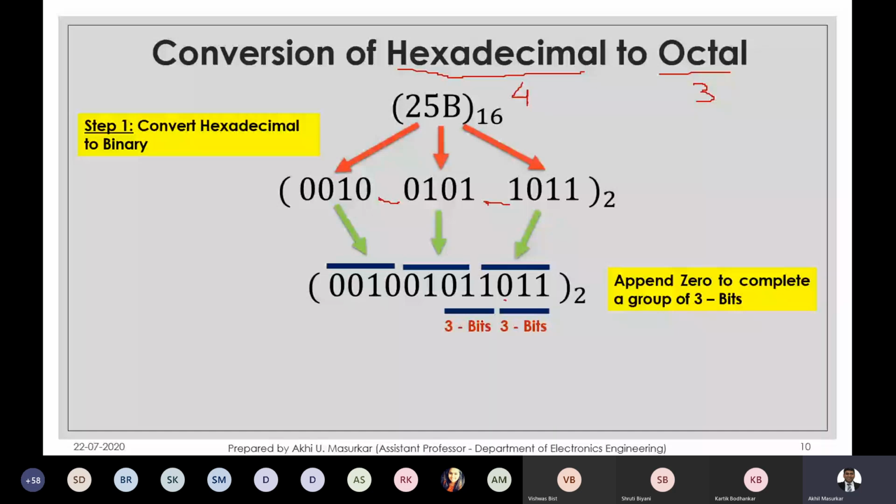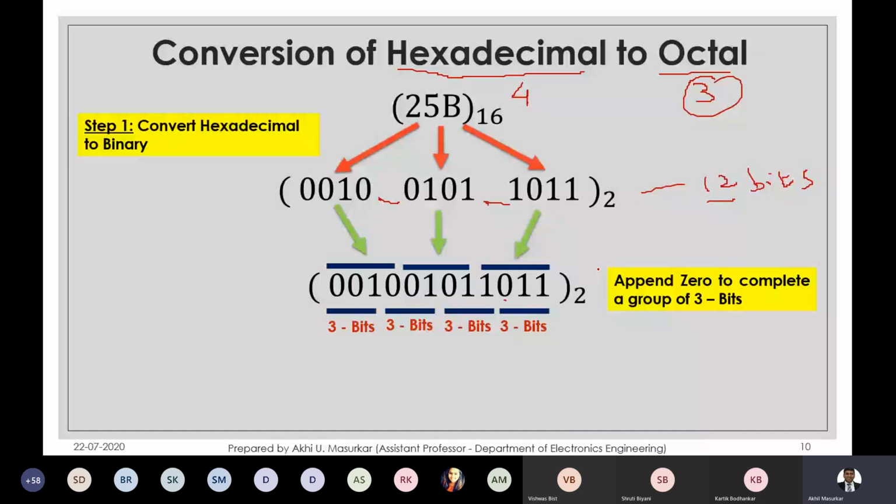Naturally here we did not have to append any zeros. You should understand why: there are 4 bits, 4 bits and 4 bits, so in all there are 12 bits. 12 is exactly divisible by 3, and that is why you got four 3-bit groupings. So there is no need to append zeros.